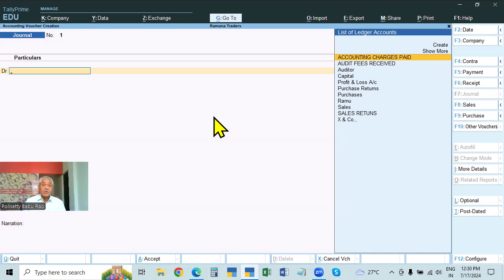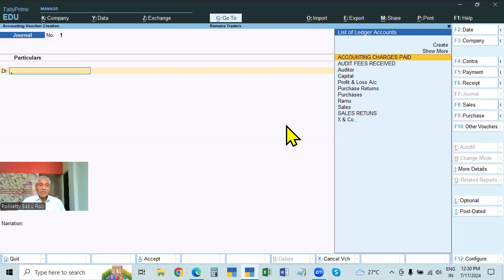But if the asset is purchased on credit or sold on credit, it cannot be entered in the purchase or sale. It is only for goods. We are not receiving cash or making payment. In such a case, we are entering the journal only.